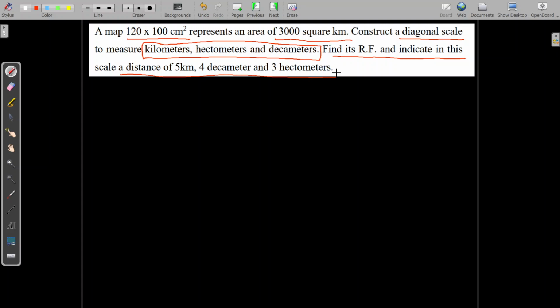So first of all we have to calculate RF. RF is the representative factor, and since the area is given, we have to take the square root of the area. The drawing area is 120 into 100 centimeter square, and the actual area is 3000 kilometer square.